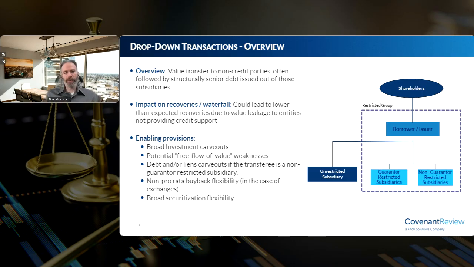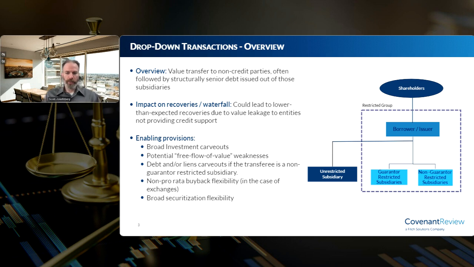So the idea is we have to look at all of the investment capacity, accumulate all of the baskets, and that's the potential scope for a drop-down transaction. An issuer can use all that capacity to move valuable assets into an unrestricted subsidiary. An unrestricted subsidiary is not a guarantor.